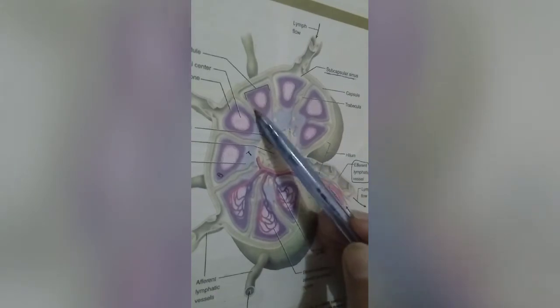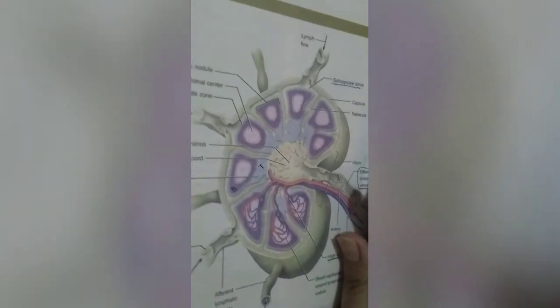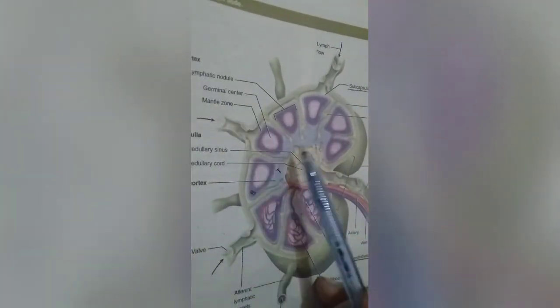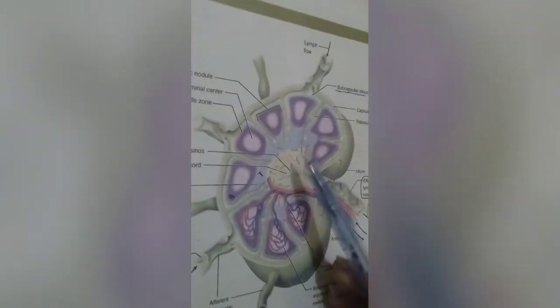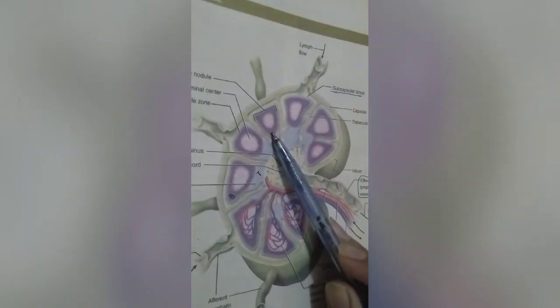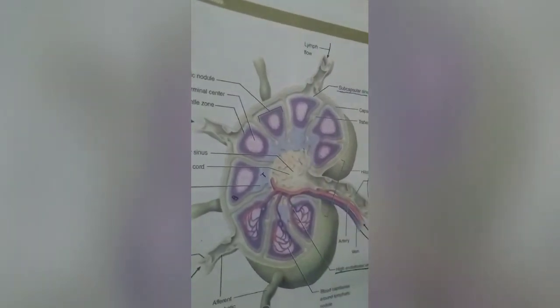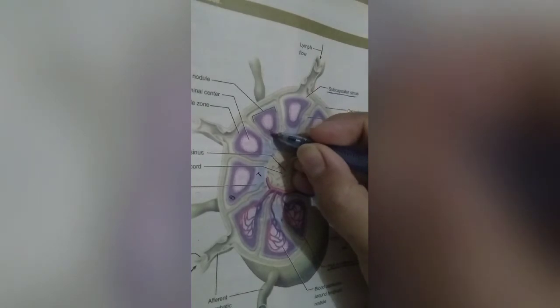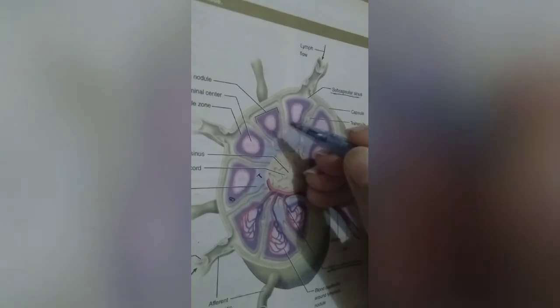You can see here this is the mantle zone, the dark purple, and the central region is the germinal center. The mantle zone of the lymphoid nodule consists of compactly arranged B lymphocytes, while the germinal center contains plasmablasts.